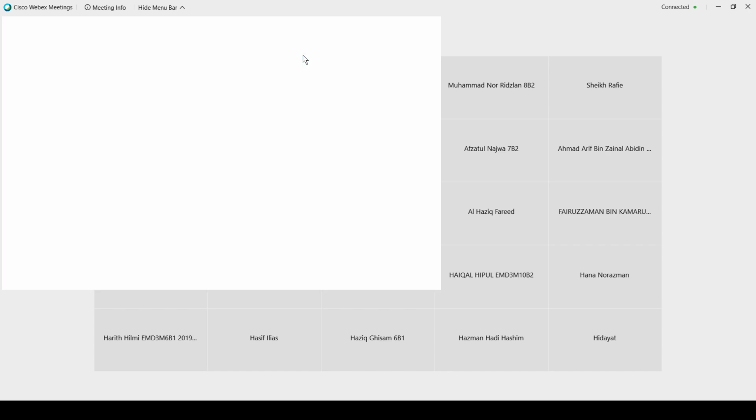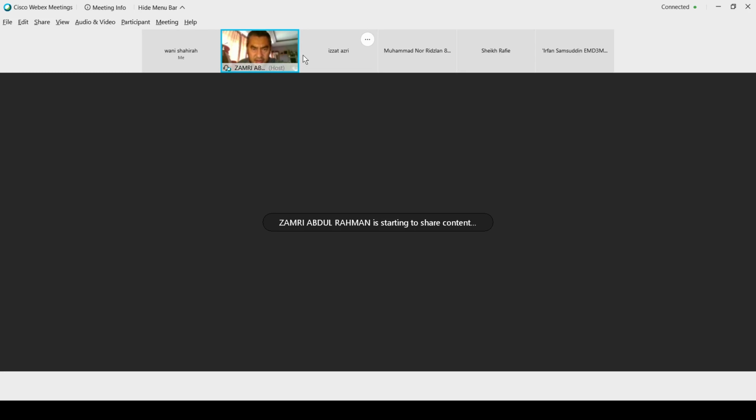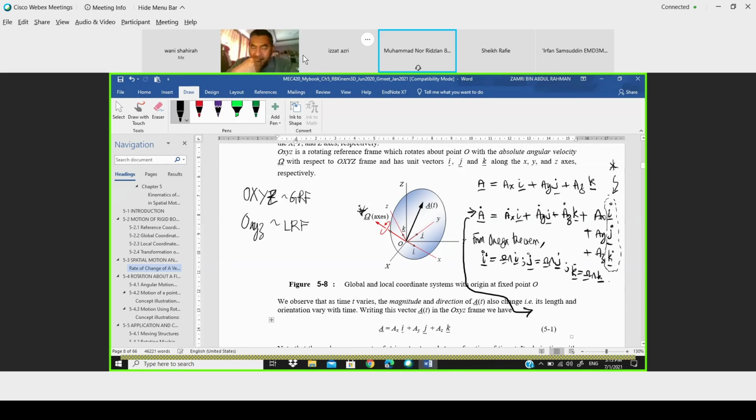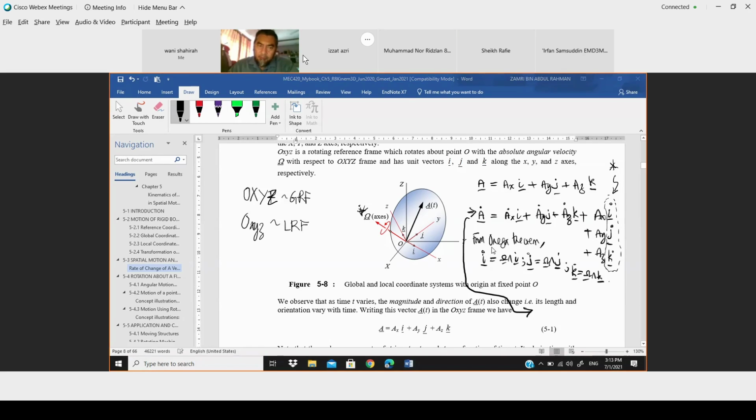Tadi dah share. Okay, sekarang ni saya share the entire screen, senang. Okay, can you see the screen? Masih loading. Okay. Now we can see. Okay, baik.